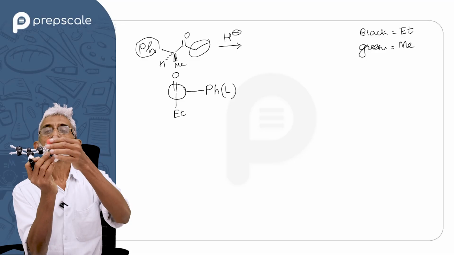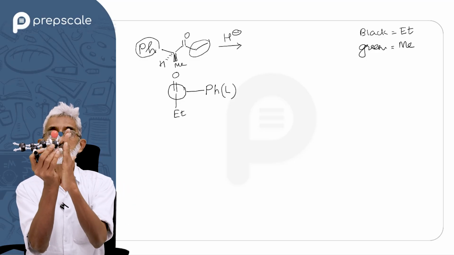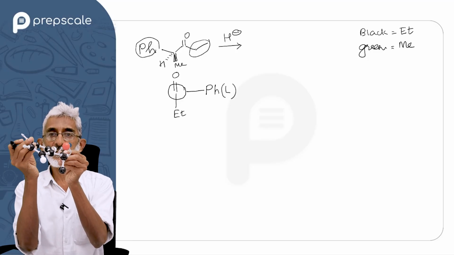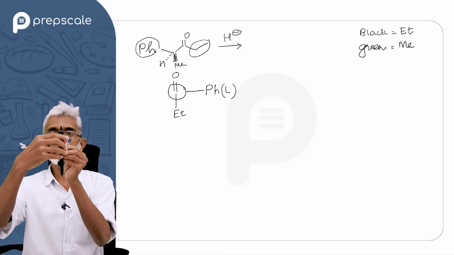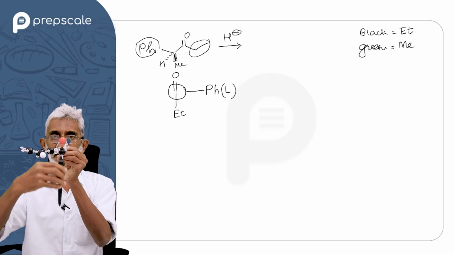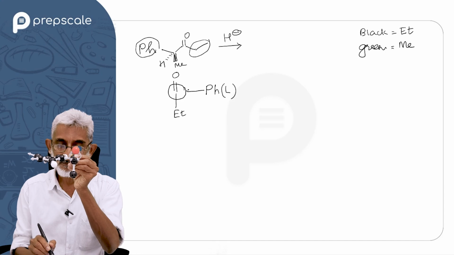either this way. See, this is the keto group, this is the ethyl group. So this keto and ethyl is perpendicular to this, and at 90 degrees to this. This is the phenyl ring. So this is in a vertical plane. This plane is horizontal. So this is 90 degrees.